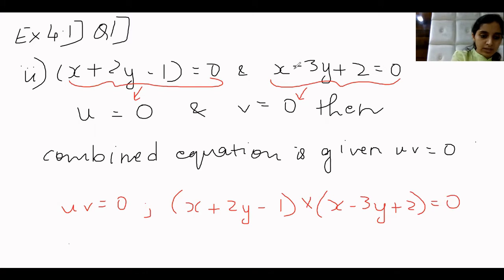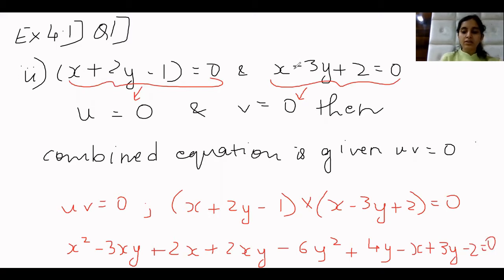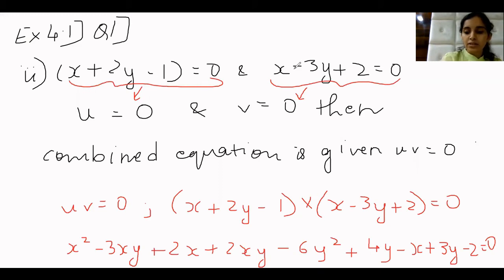Multiply each term, so we get x square minus 3xy plus 2x plus 2xy minus 6y square plus 4y minus x plus 3y minus 2 equal to 0. Take the terms that are same together. So we have x square, we don't have any other x square, so it will be x square. Minus 3xy plus 2xy is minus xy.